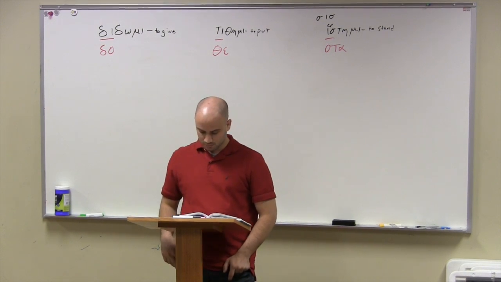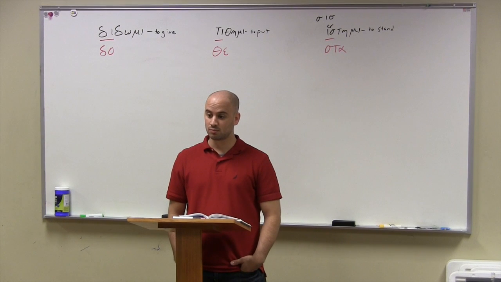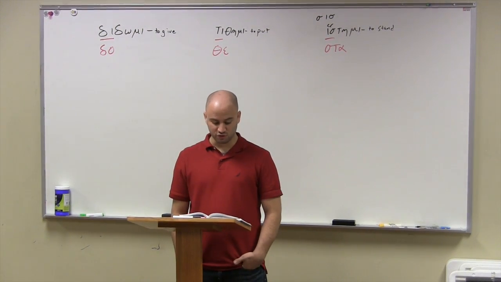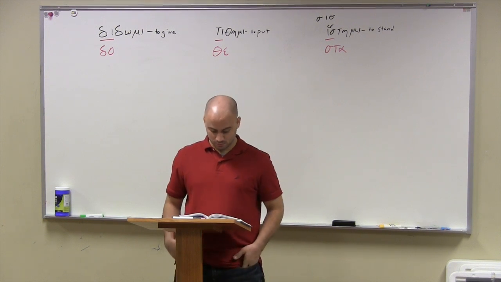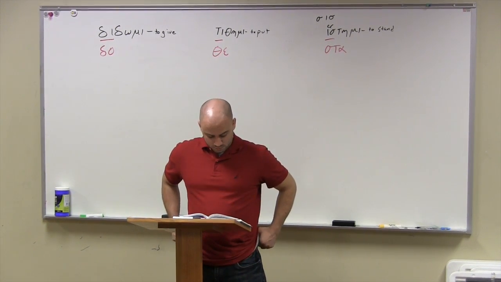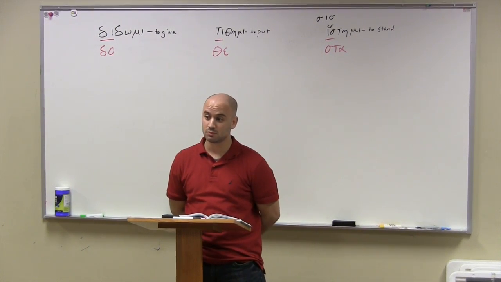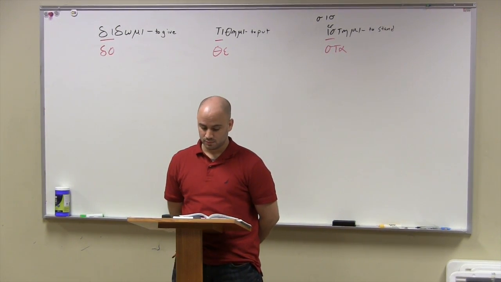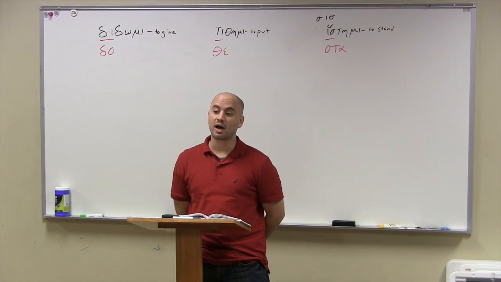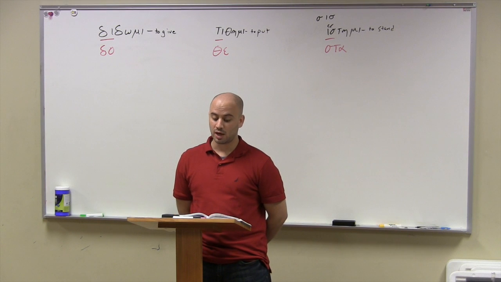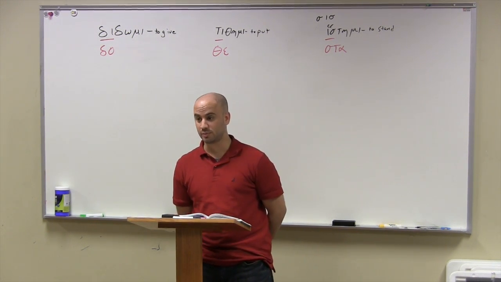Can you translate these? Yeah, I can translate. Didomi is to give. So the present active singular, didomi, is I give. And then the next one is I give to myself, or I myself give, or I am given, if it's passive.